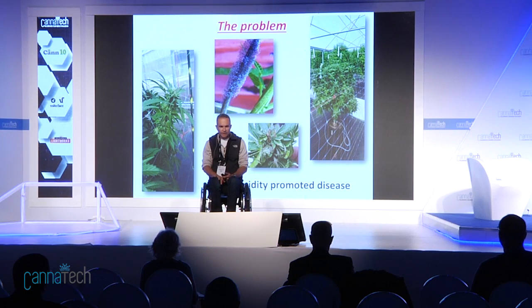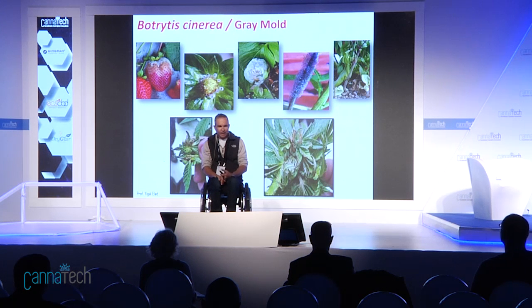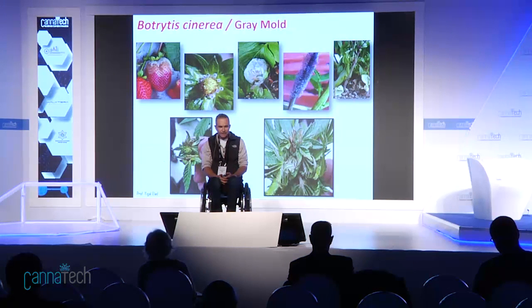The problem is humidity-promoted disease. I want to speak about the big two. One is Botrytis cinerea, or gray mold. It's a disease that occurs during the cold winter or something like this.